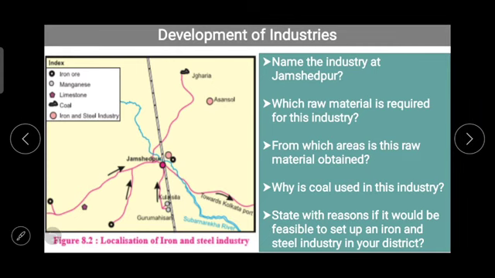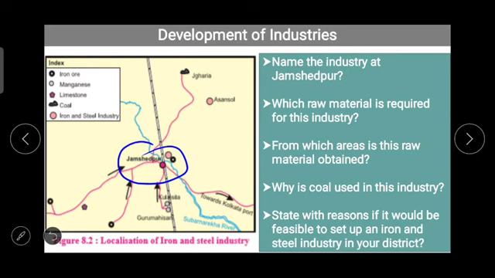transportation facility. Here on the screen you can see the place called Jamshedpur, where there is localization of iron and steel industry. By studying this figure, you have to answer the questions on the screen. Name the industry at Jamshedpur, and for that you can go to the index.